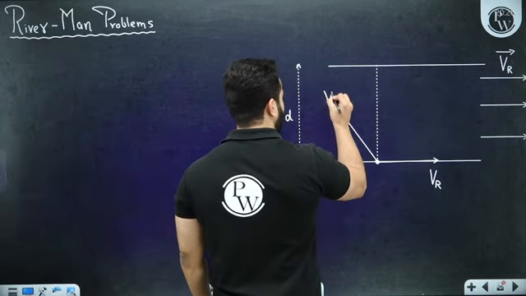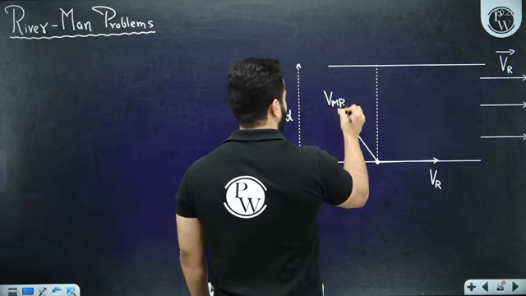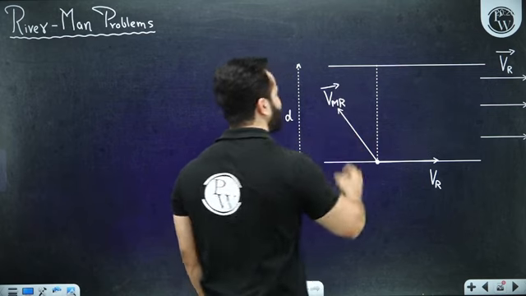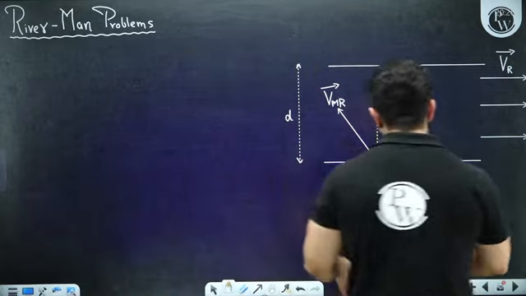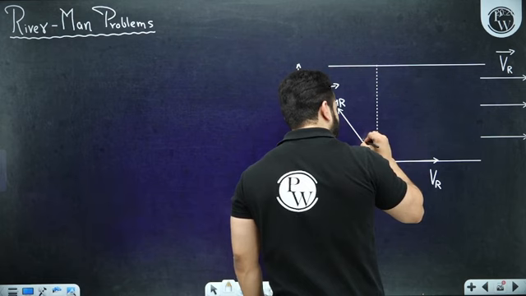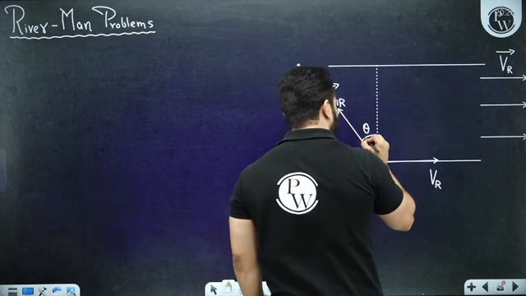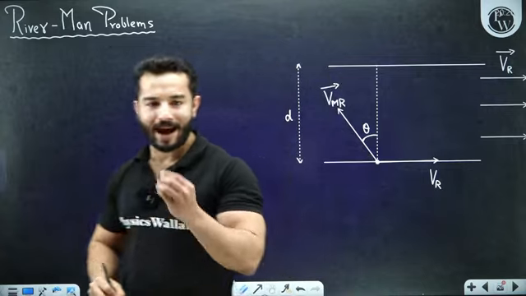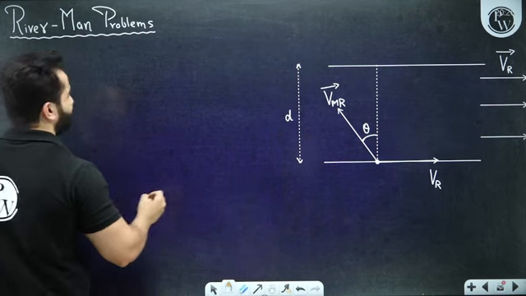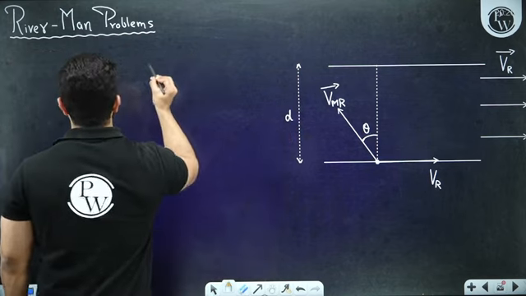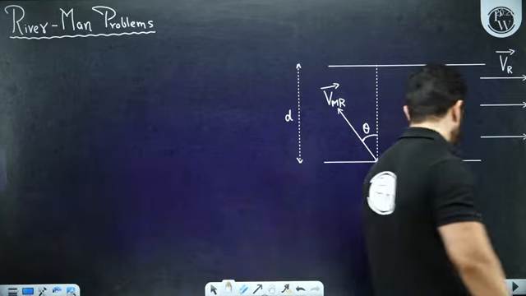What do you mean by VMR? VMR basically means the man thinks that he is swimming at an angle theta from the vertical. This is what the man thinks, right? But the reality is this.